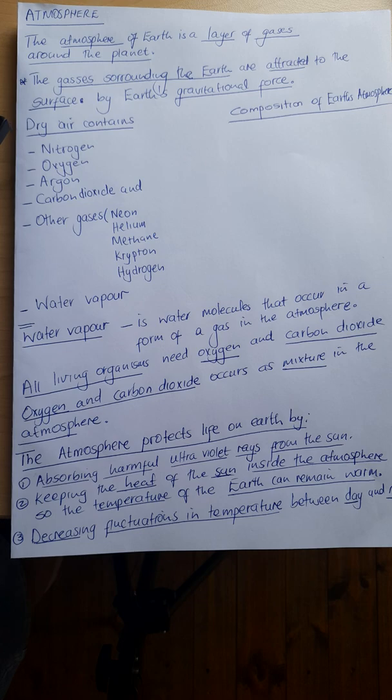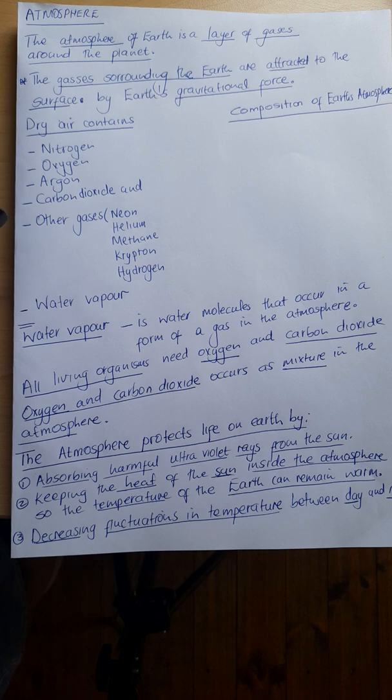So dry air consists of different gases. You need to know these gases that are in the dry air. Please, you need to know this. Those gases are nitrogen, oxygen, argon, carbon dioxide, and the other gases in small percentage.